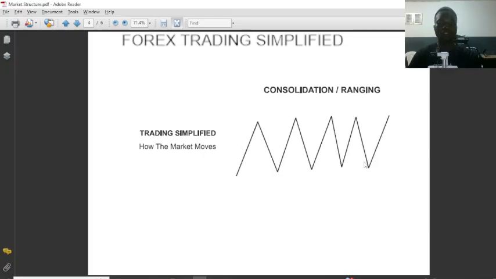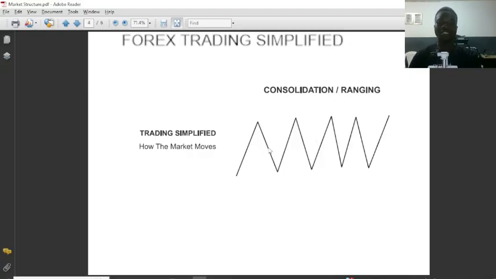Now we have the consolidation markets. We also call it the ranging market. Now, during the consolidation market, there is no clear bias of the market to buy or to sell, because when the market begins to consolidate, it doesn't have a clear direction if the market actually wants to buy or wants to sell.